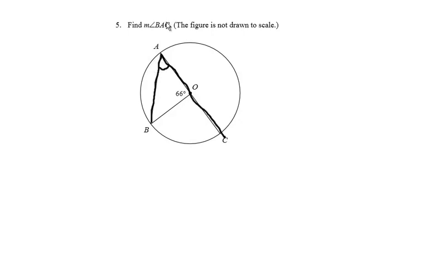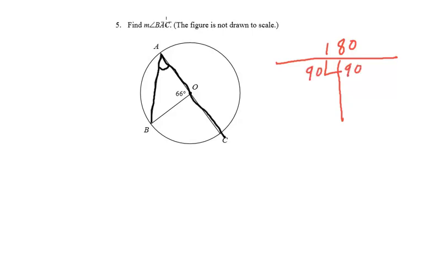Well, what do we know? We know that a line is 180 degrees. If we drew a perpendicular line, half of that's 90, so the other half would be 90.